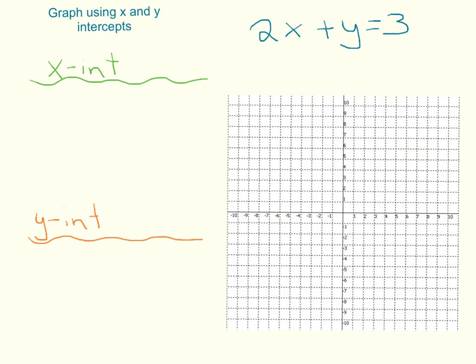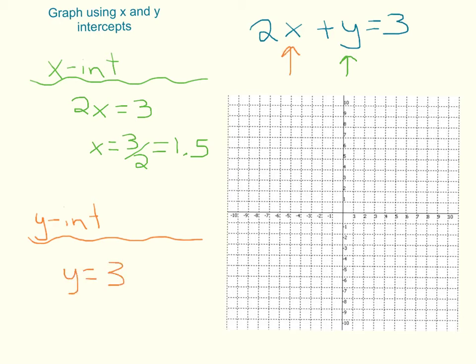Now, I think you get the point, so we'll do this one very quickly. If we plug in 0 for y, we're left with 2x equals 3, so x equals 3 halves, which is 1.5. And then for the y-intercept, plug in 0 for x, which will leave you with y equals 3.